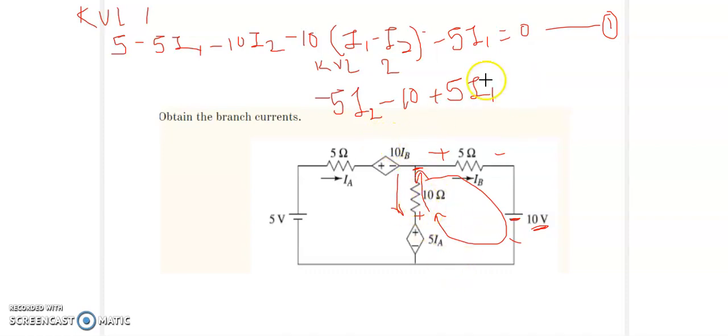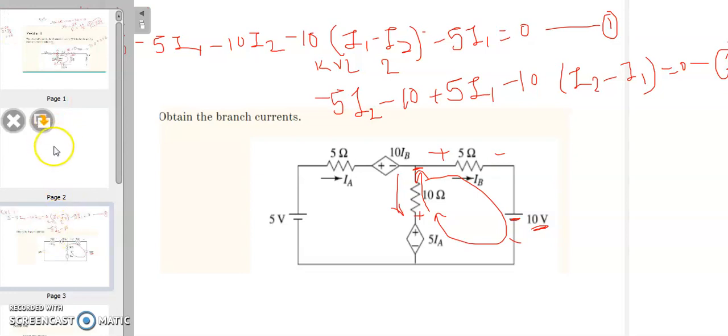So this term will be minus 10 times (I2 minus I1). All the components in loop number 2 are done, so this should equal 0. This is our equation number 2. Now we just have to simplify.